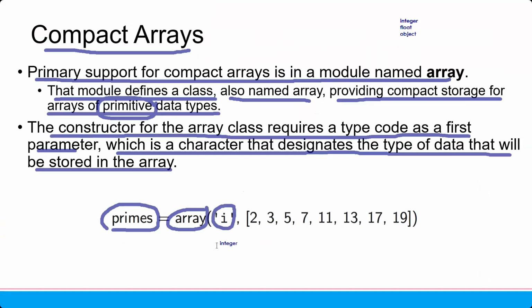It means every element in this list will be an integer. This is a compact array because all the elements are the same data type.